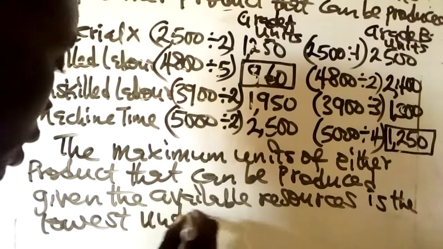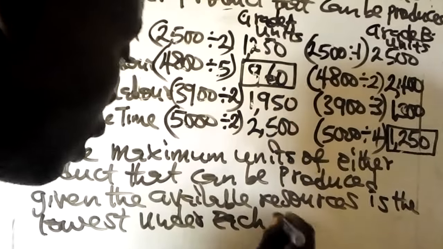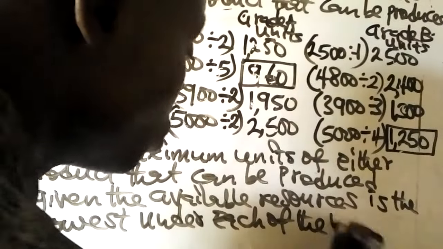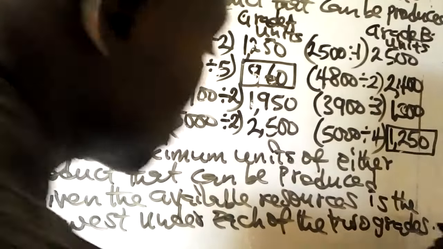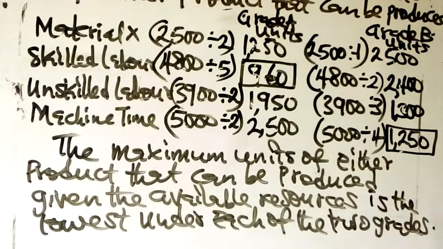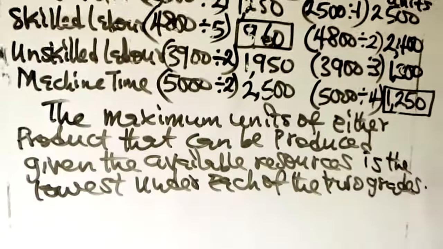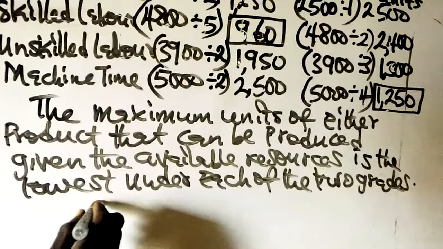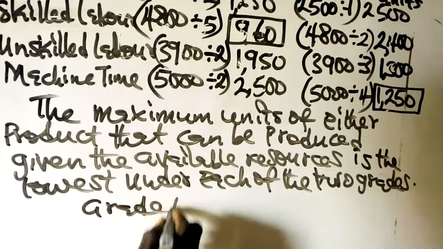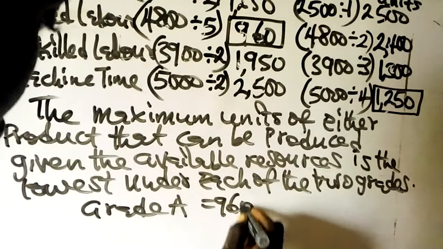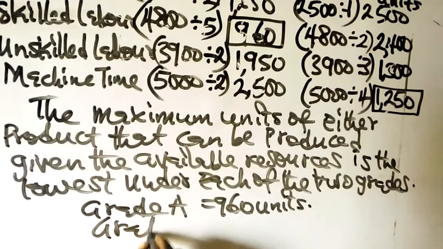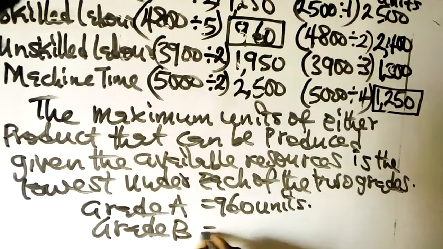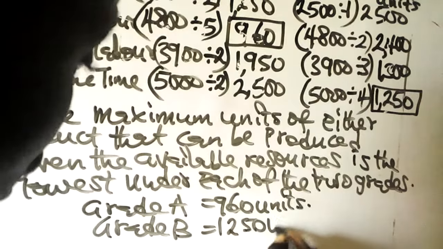So the lowest now for grade A is 960 units. Grade B is 1,250 units.